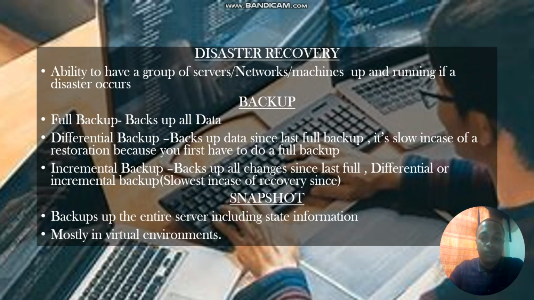What I mean by disaster recovery is the ability to have a group of servers or networks or machines that are up and running if a disaster occurs, which means that you're able to recover your network status even after a disaster has occurred.